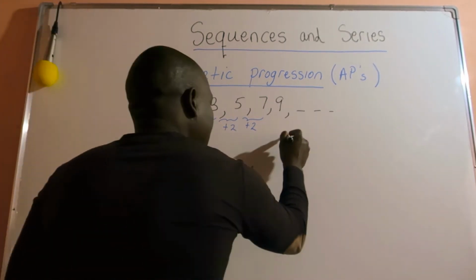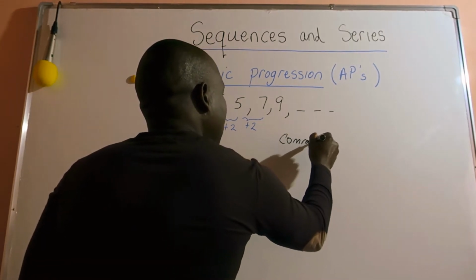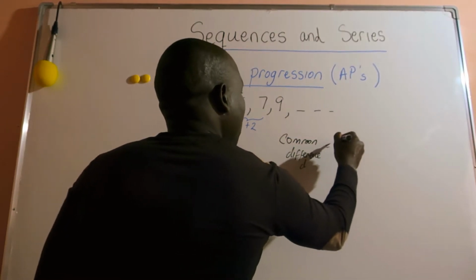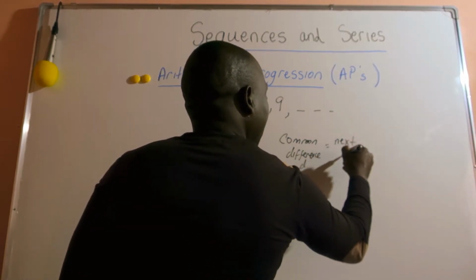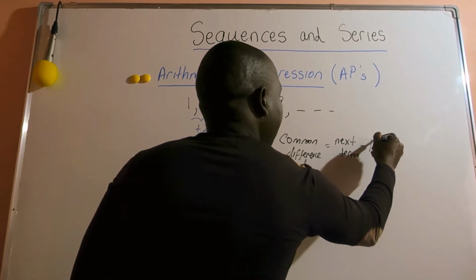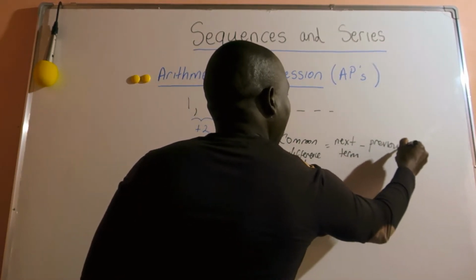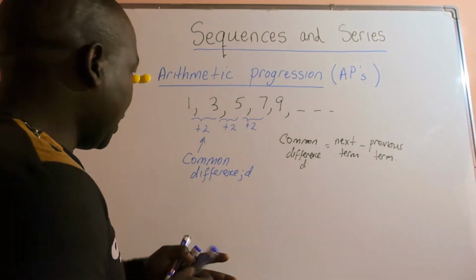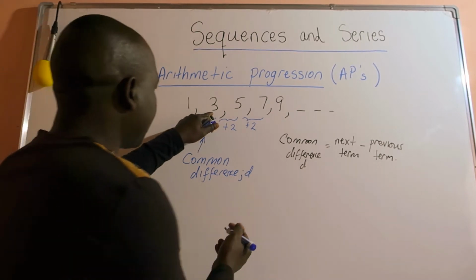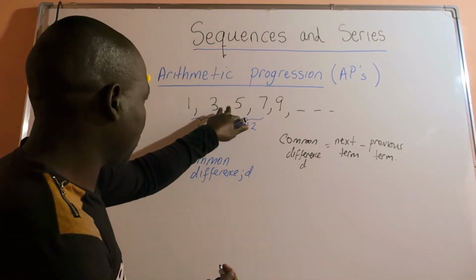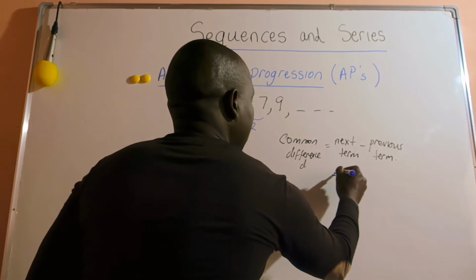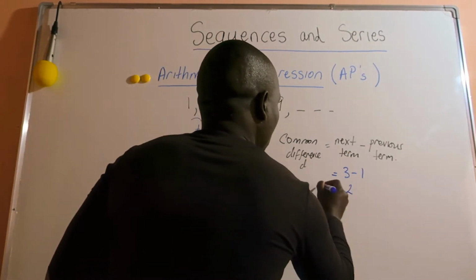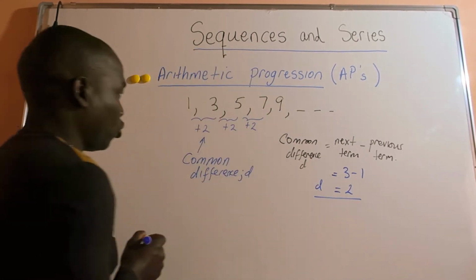D is the next term minus the previous term. In this case, we can use the first 2 terms or any 2 consecutive terms. So 3 minus 1, the next minus the previous, gives 2. So your common difference D is equal to 2.